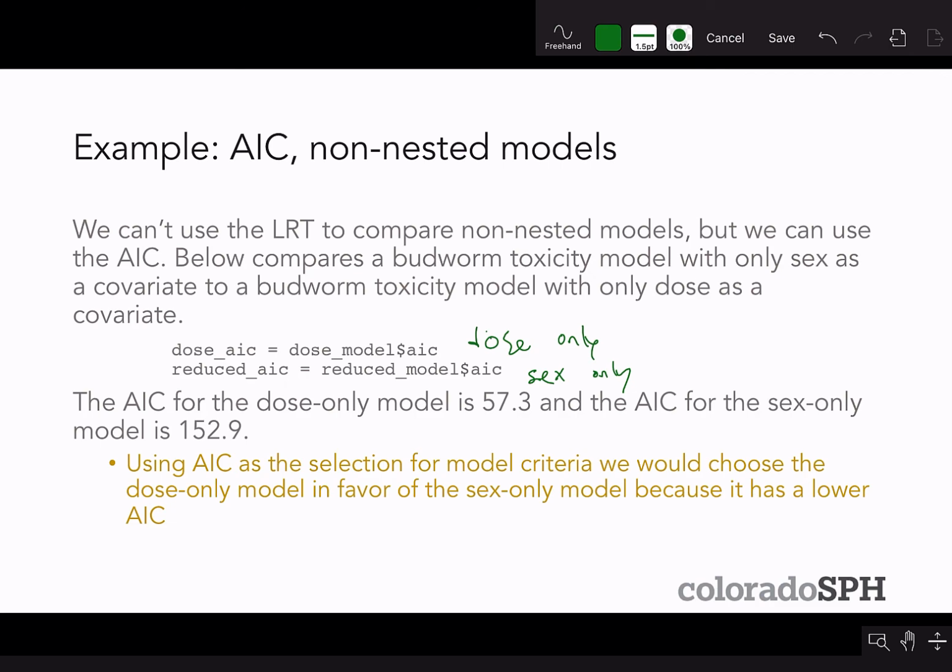And we can access their AIC the same way. It's returned as part of the GLM function. And the AIC for the dose-only model is 57.3, while the AIC for the sex-only model is 152.9. So in this case, using the AIC as the model selection criteria, we would choose the dose-only model in favor of the sex-only model because it has a lower AIC.